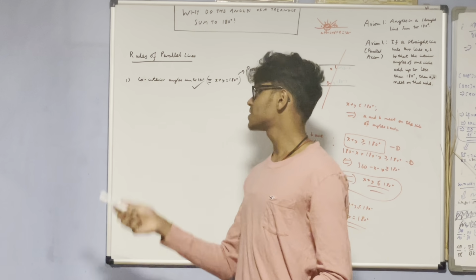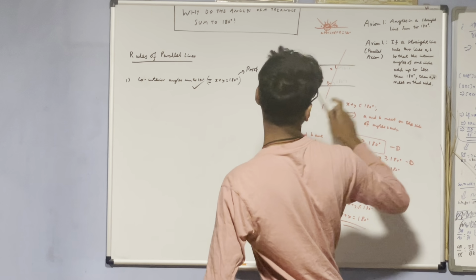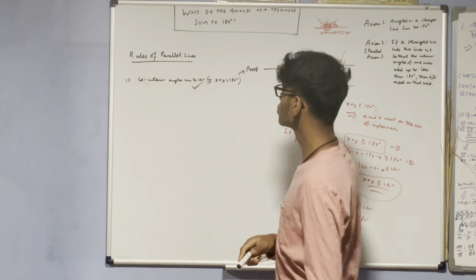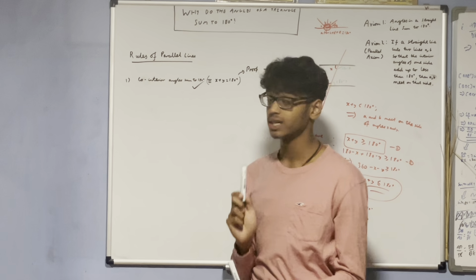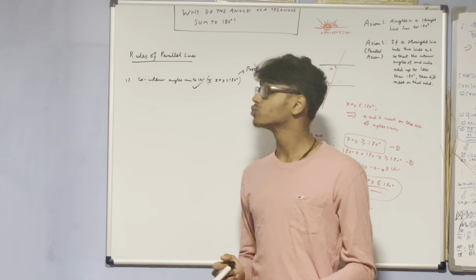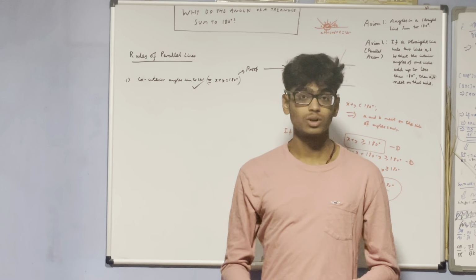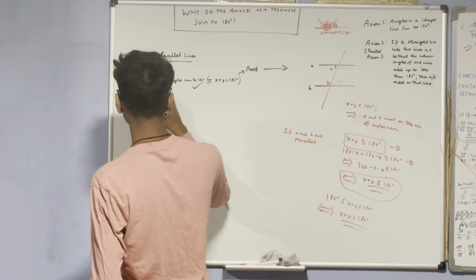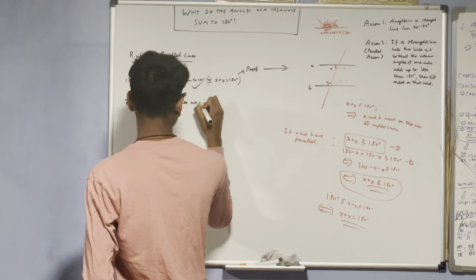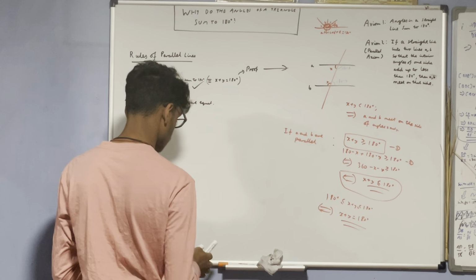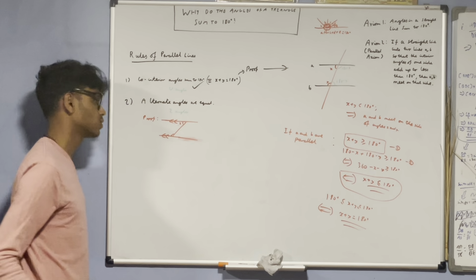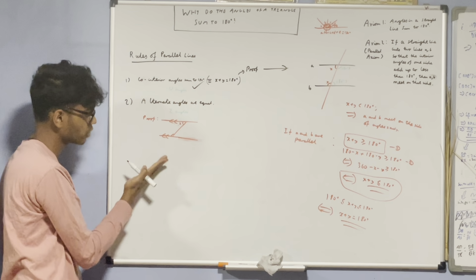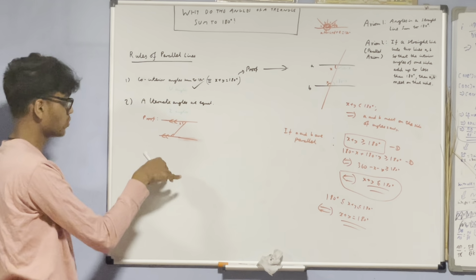Well, in truth, this is probably enough, combined with axiom 1, to prove that the angles of a triangle sum to 180 degrees. But I'm going to try to prove all of the rules of parallel lines for a bit of completeness. So my second rule is alternate angles are equal. To prove this, you've got two parallel lines and a line cutting across or intersecting both lines.